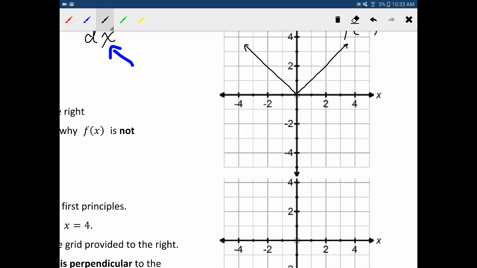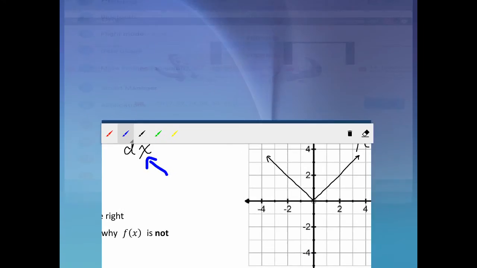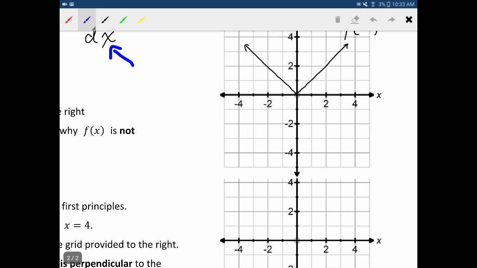The reason this doesn't exist at x equals 0 is fairly straightforward when you think about it, because we're looking at this point right here. As we approach from the left, because it is a limit, right? As we approach from the left, it's approaching -1 because there's a constant slope. It's -1 the whole way up to the point. So if you took the left-sided limit, you would get -1.